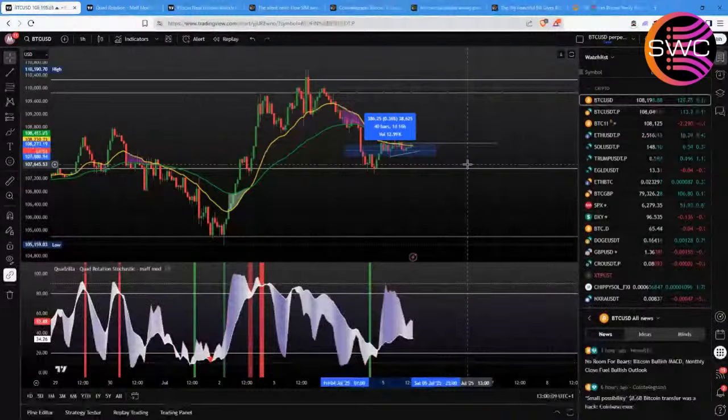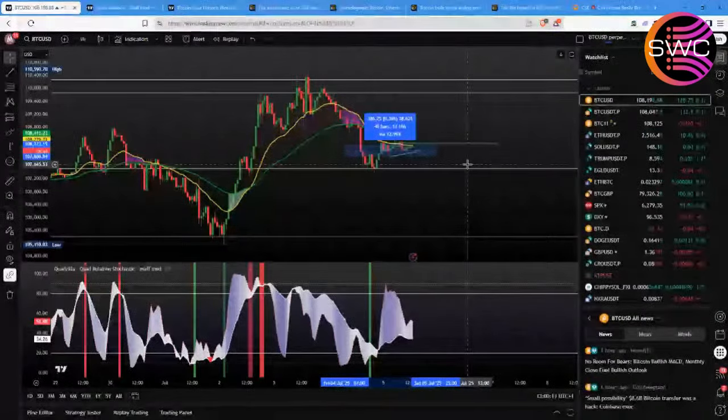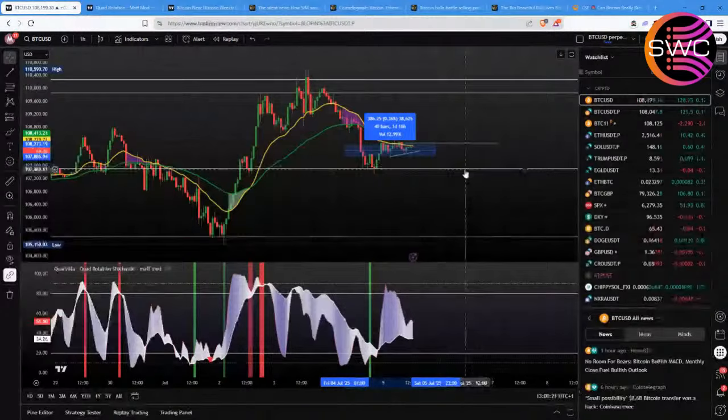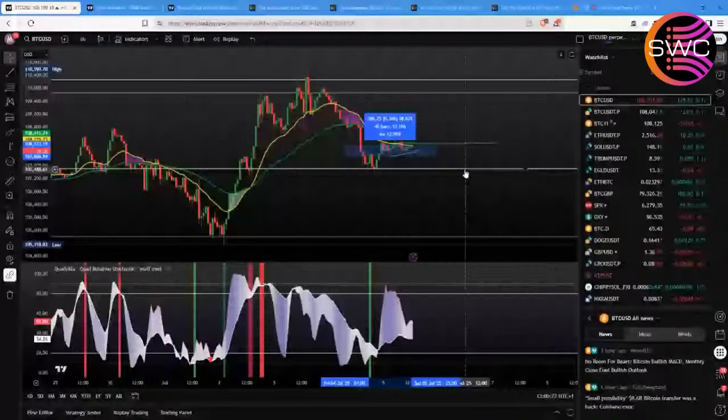So I thought I'd do some silly leverage and see if I can turn $20 into 100 or something. If I do it wrong, I only lose $20. It's worth a punt every now and again.